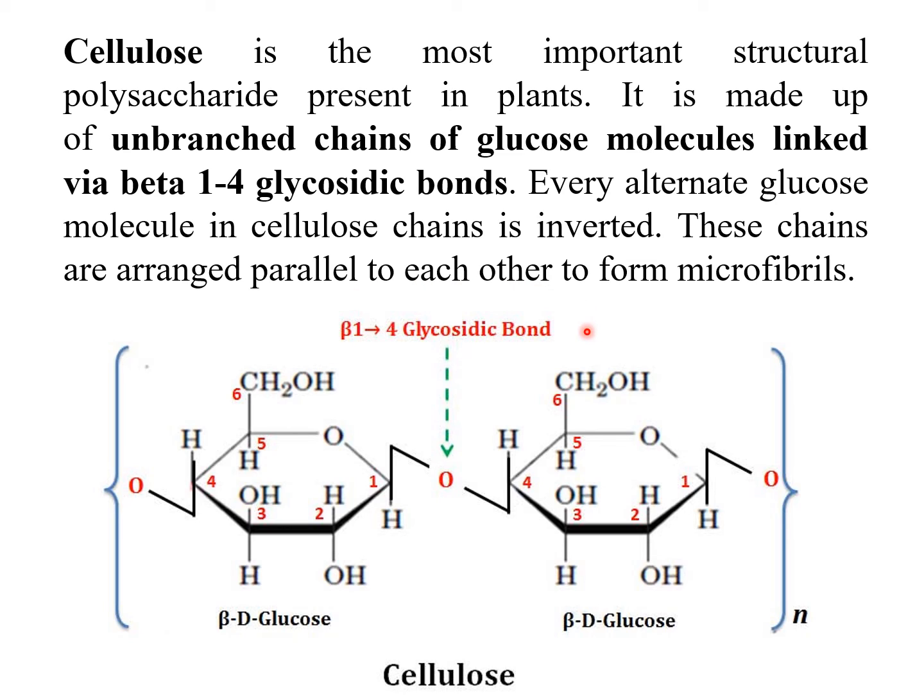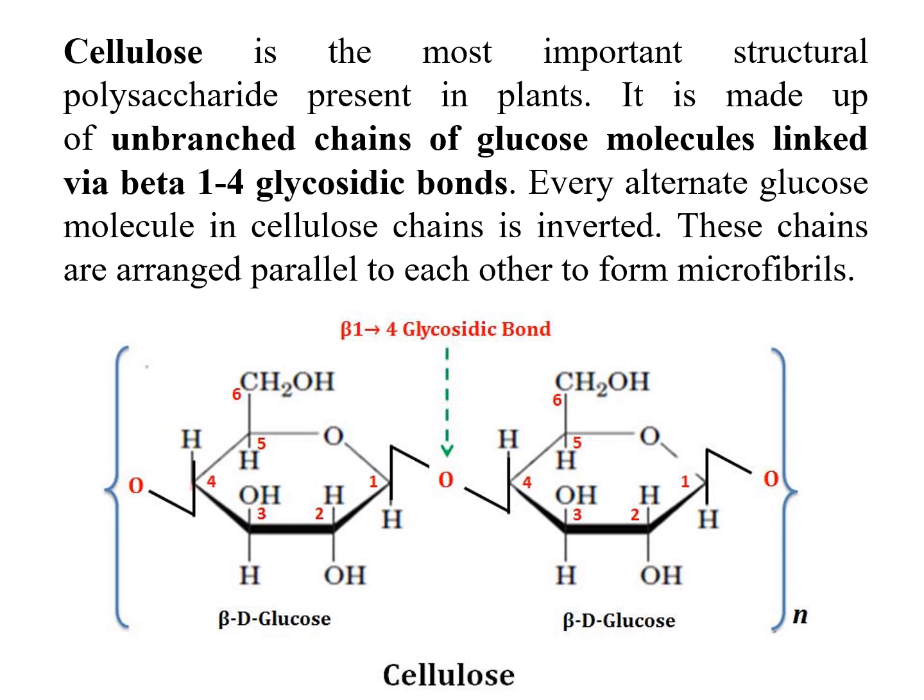Normally in glycogen or starch we saw alpha 1,4 glycosidic bonds, whereas in cellulose the bond is beta 1,4 glycosidic bond. This is the reason why humans cannot digest cellulose.